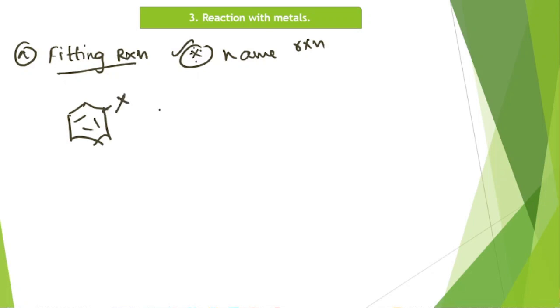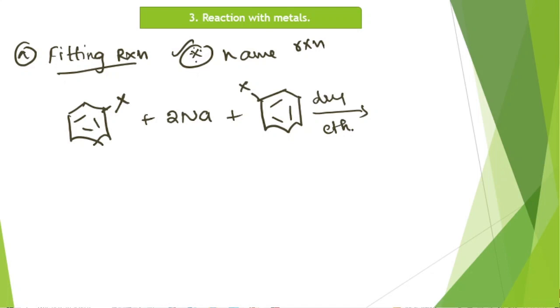And we are going to add 2Na. So here again you are going to add the benzene ring with X attached. Now what is going to happen is, in the presence of dry ether, we are going to get biphenyl.